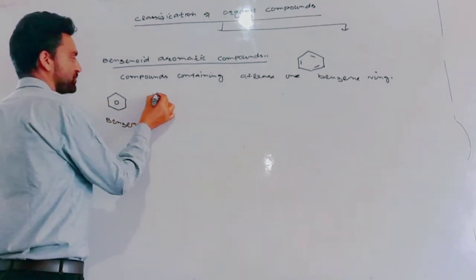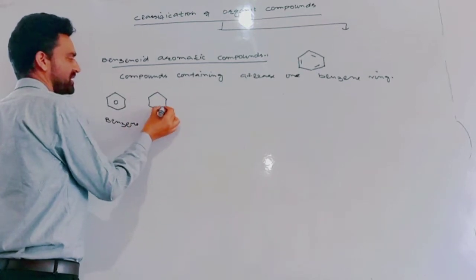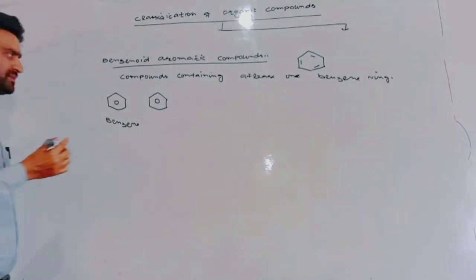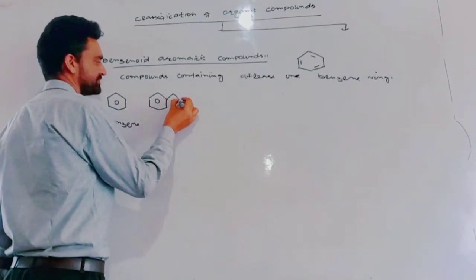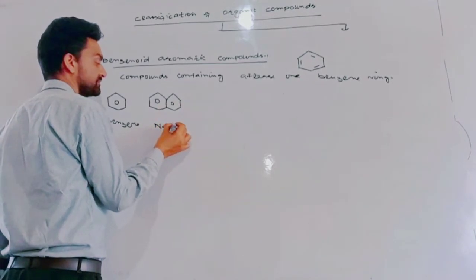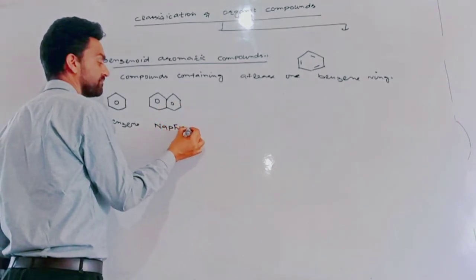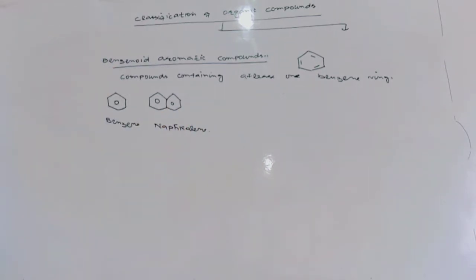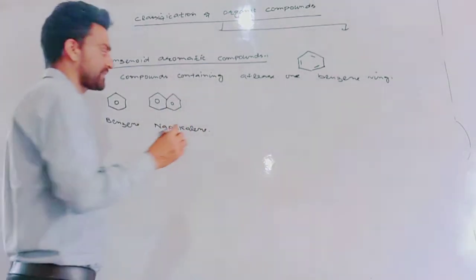What is this compound? In aromatic hydrocarbons, when we went through the nomenclature, we saw this, right? This is naphthalene. If three benzene rings are joined together, is that anthracene? Yes.